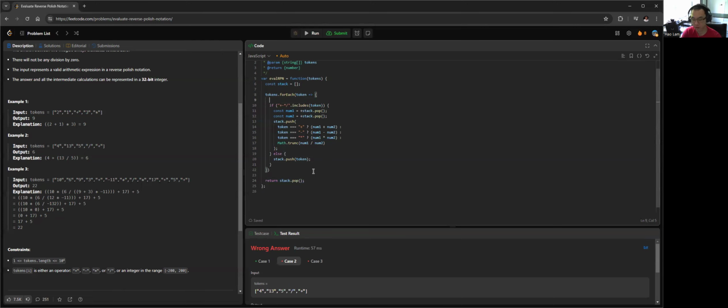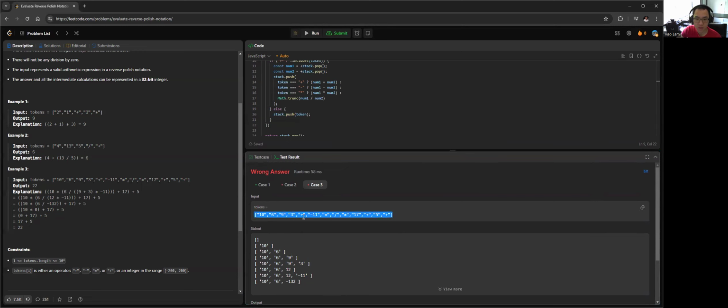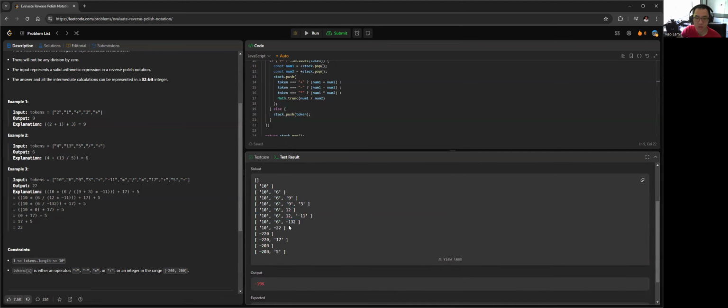Let's print out the stack and debug this. We have 10, 6, 9, and 3 up until this point. So we add 12. We see an operator plus, so we add 12 back, which is correct. Then we add 11, and then we have the multiply. We have negative 132, which is correct.